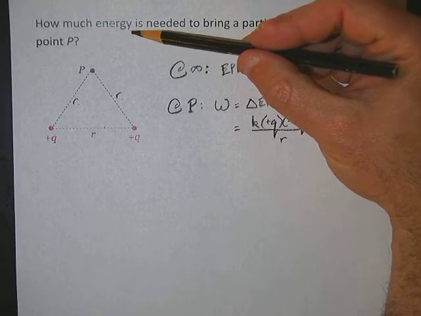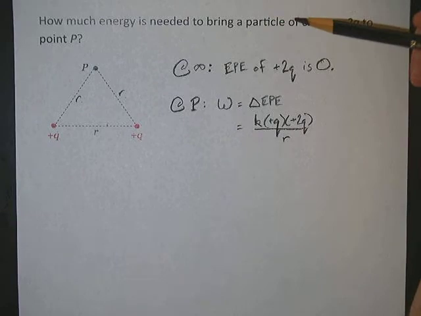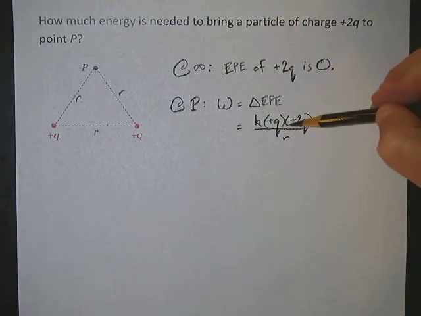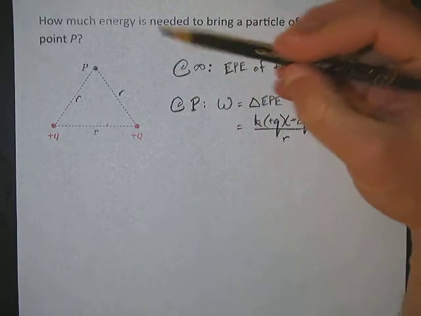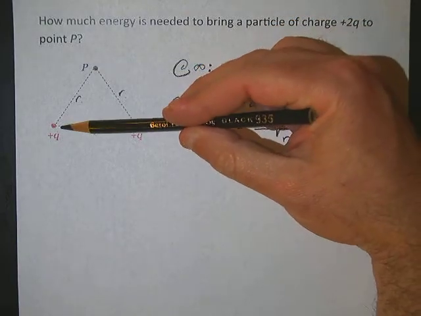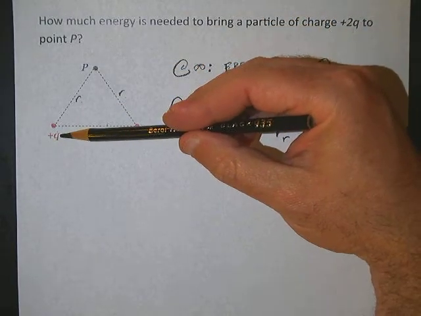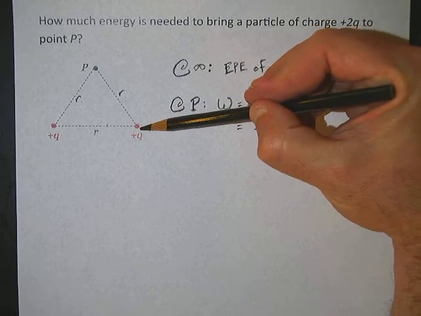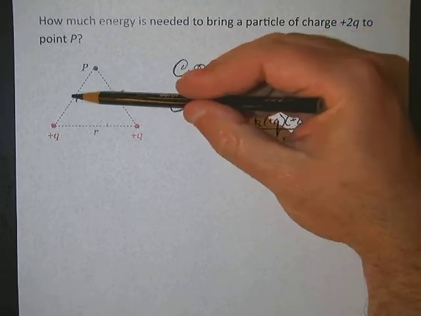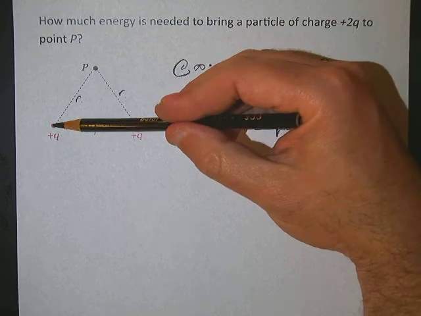Now notice that because we're dealing with energy, which is a scalar, we don't have to worry about directions at all. There's no vector nature to this. Now this was the amount of work we did to bring the 2q charge towards this particle. We also need to factor in the other charge.